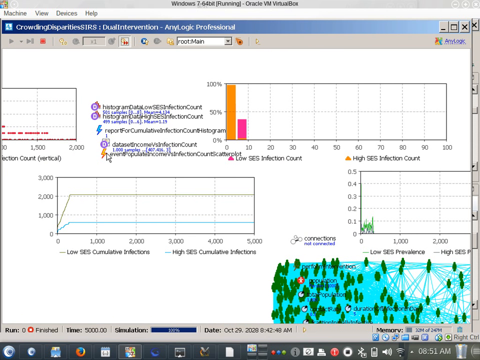Okay, so this was the situation where we had the dual intervention in place, and here we still had a disparity, but then what happened? Why is there nothing after this point on this graph which shows the prevalence among high and low SES? And why do these cumulative curves flatten out?